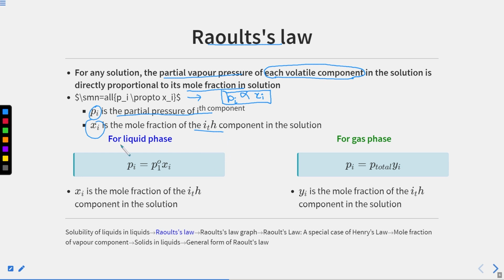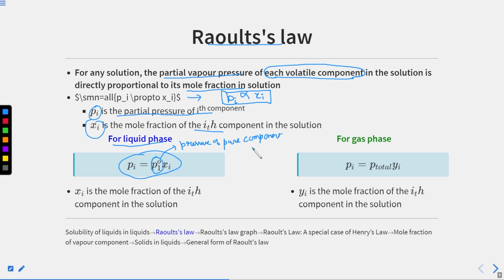Now two cases arise. This is the formula of Raoult's law, where we have introduced one proportionality constant, P naught 1, which is the pressure of pure component 1. What is the meaning of pure component 1?